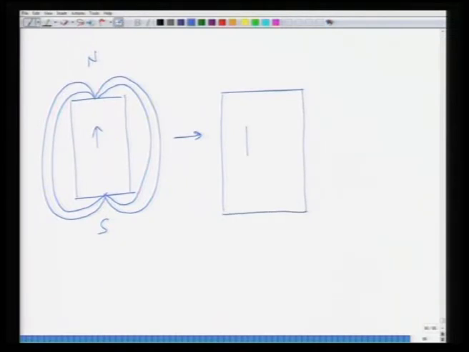Let us say if I have two regions of the material now, with one region spin up, one region spin down. Now I have this north, this south and this north. So now I can have the flux lines only on this side. So the surface flux density has gone down, which means the magnetostatic energy of the material has gone down.